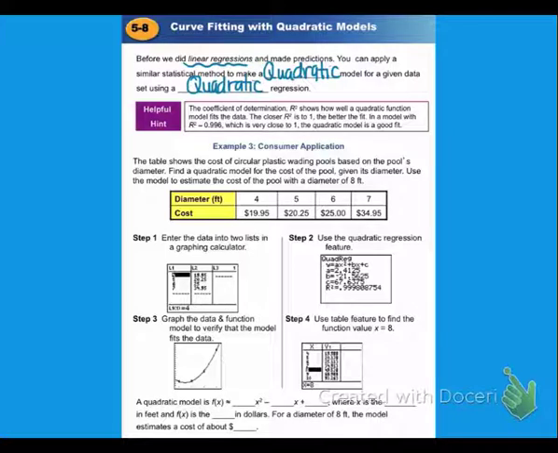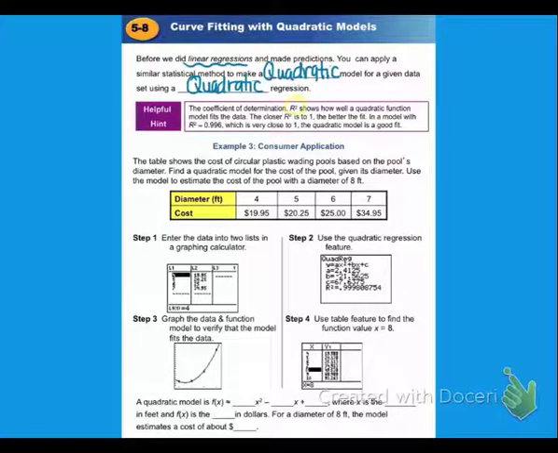Now you also may remember that we used a measure of accuracy of our linear regression equation, R. And we said if the R value was really close to -1 or to +1, within like a tenth, that it was a really good fit. But when we're talking about quadratic data, we actually want to use the coefficient of determination, which is called R squared.